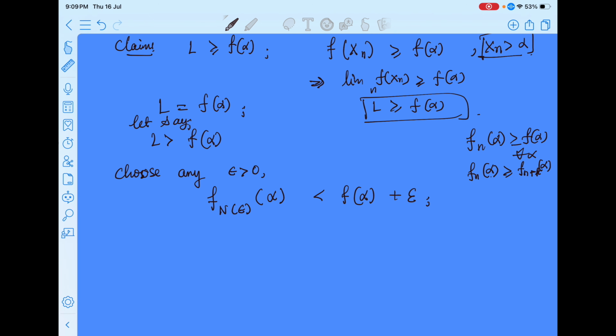Now taking k tends to infinity, you have fn of alpha greater than or equal to f of alpha. Okay, this is the point. So choose any epsilon. For this epsilon, there exists n epsilon in the natural numbers such that fn epsilon of alpha is less than f of alpha plus epsilon.